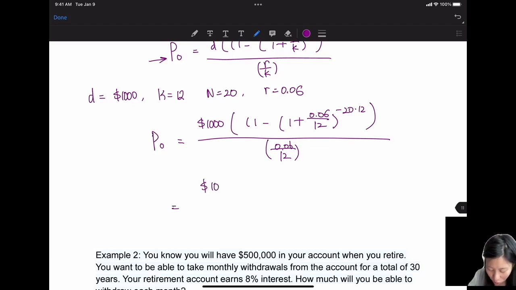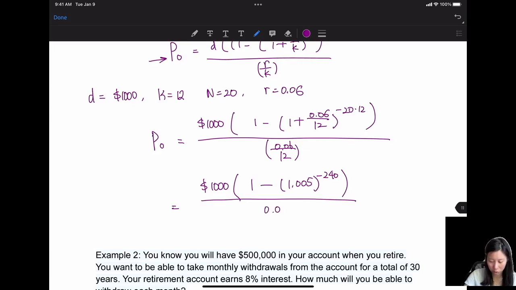So we have 1,000 times 1 minus, inside the first parentheses, 1.005 to the negative 240, over 0.005. Then we calculate that and use 1 minus it. So we have 1,000 times, use your calculator, try to do it by yourself, and see if you get the same answer as I do.